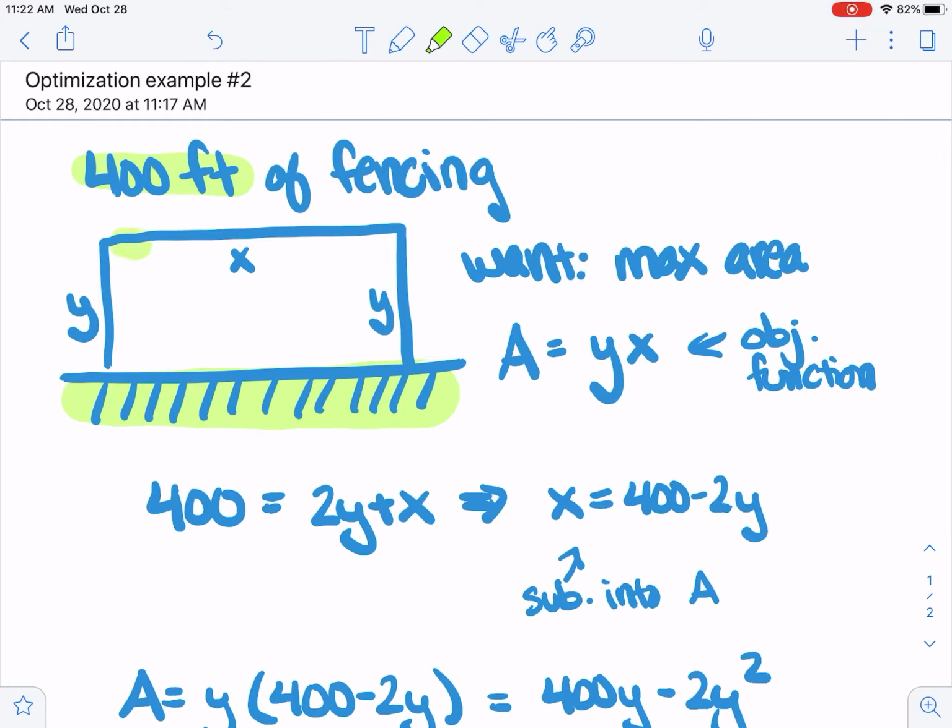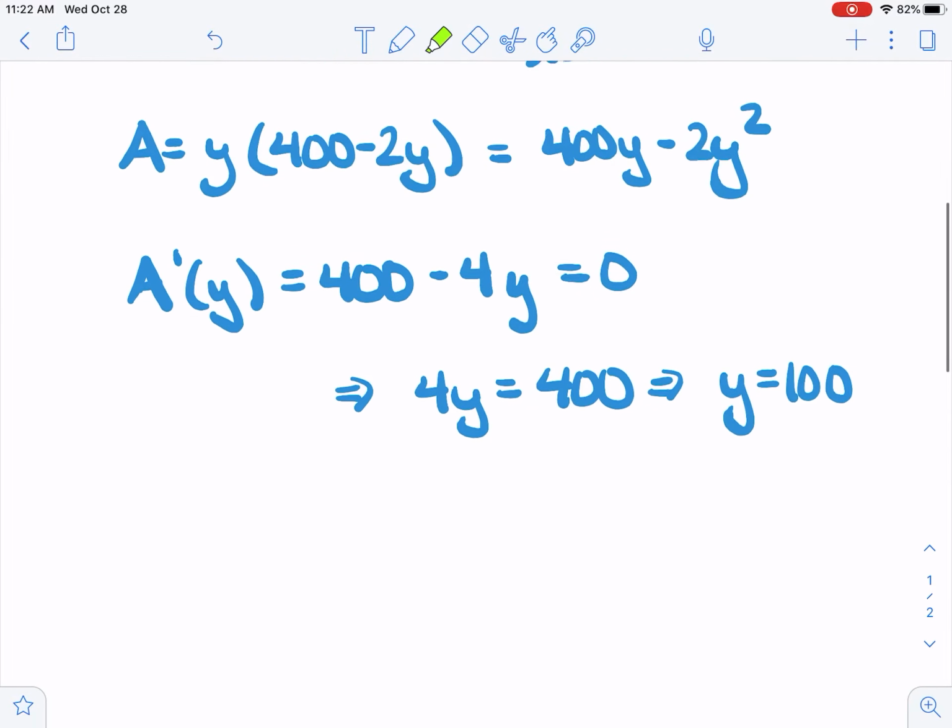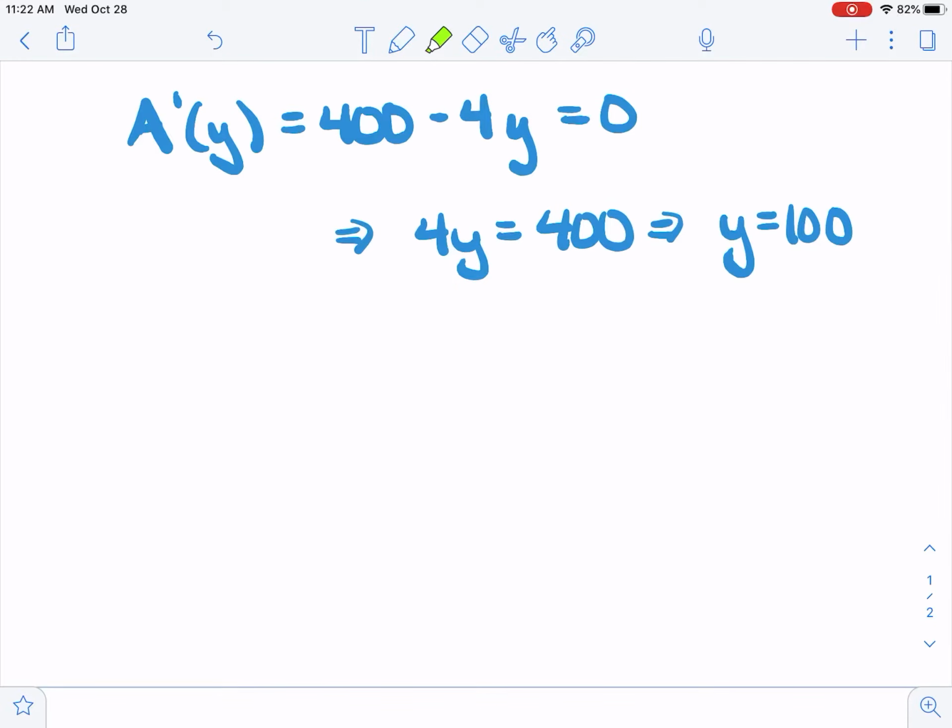Or we could have x equals 0, in which case we would just have one long line of fencing extending away from our wall, which also has 0 area. So the endpoints of our interval give an area of 0. So those can't be our max. So the max has to happen at a critical point inside. There's only one critical point, which we found, and so this must correspond to our maximum.